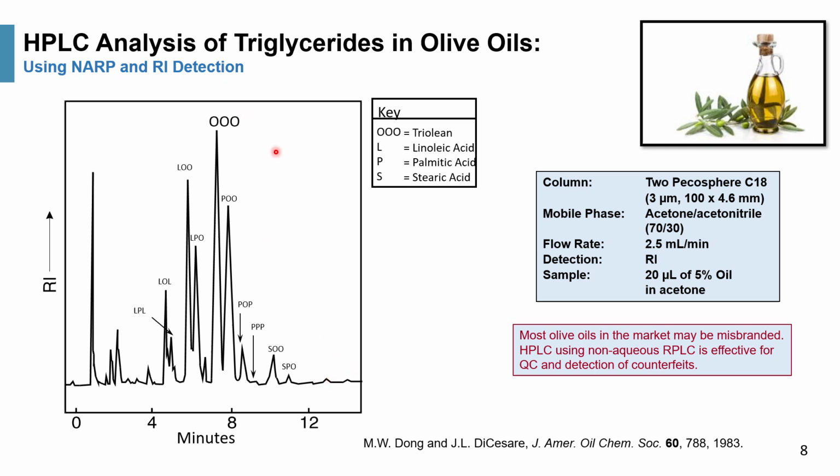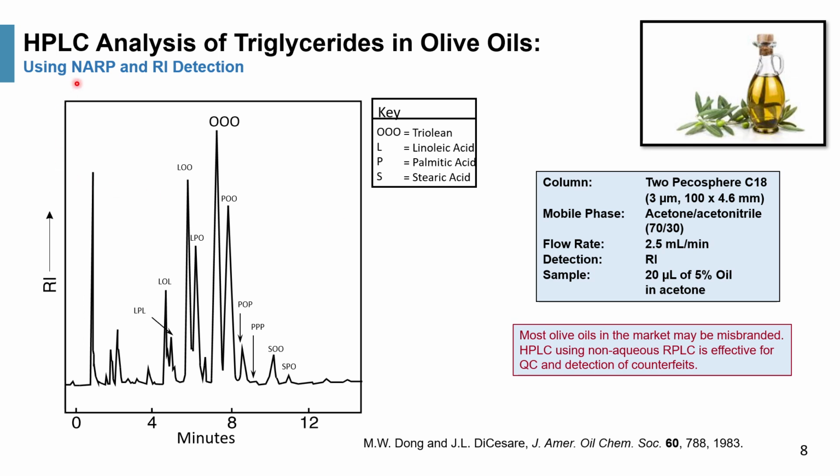So if you inject a sample of olive oil, obviously it is not just a single component, it's a family of components with the major one being oleic acid, a monounsaturated acid. So OOO, designating the 3 oleic acids in the chain, is the major component. So you have this distinctive profile using this condition.